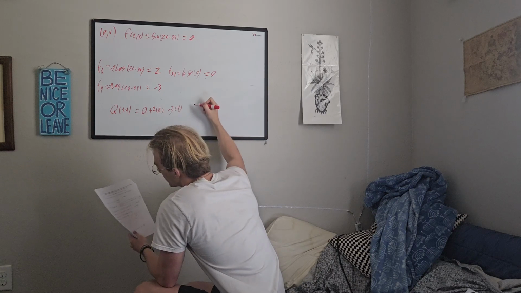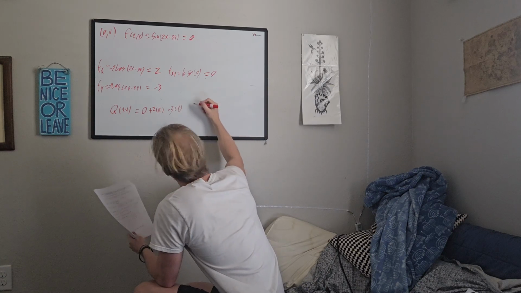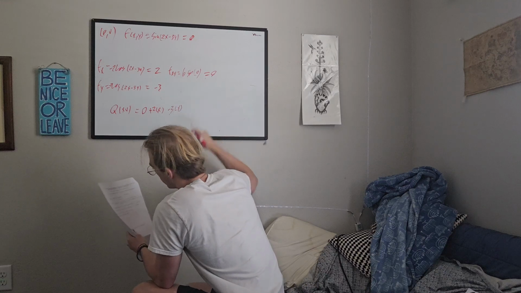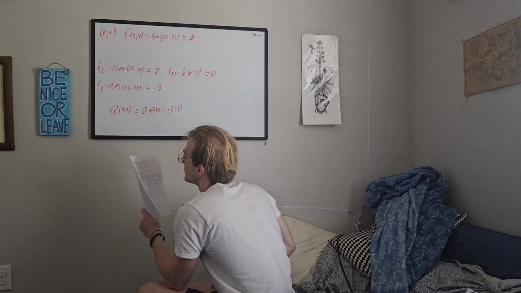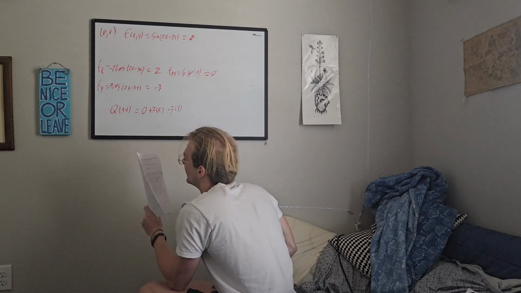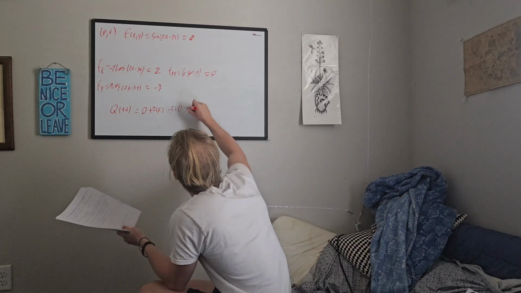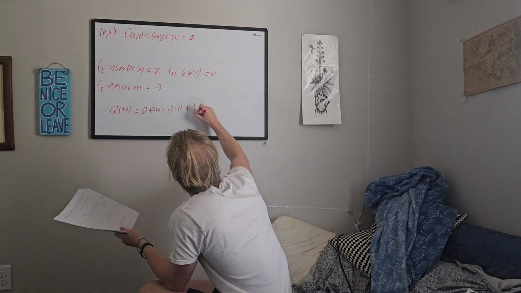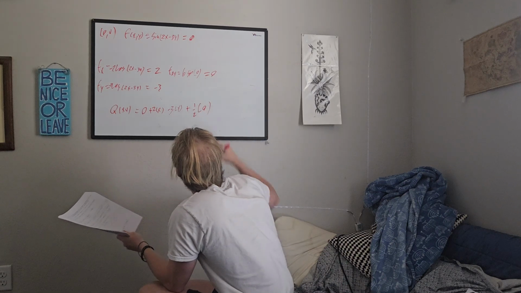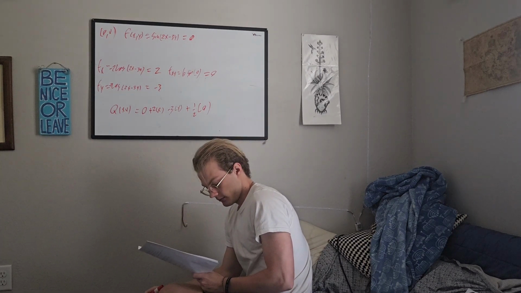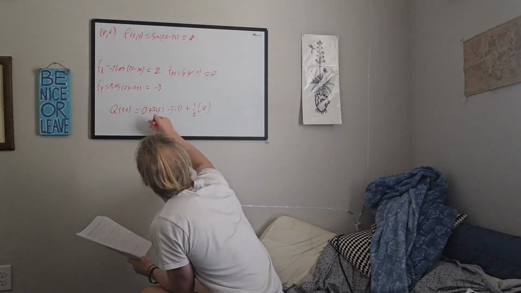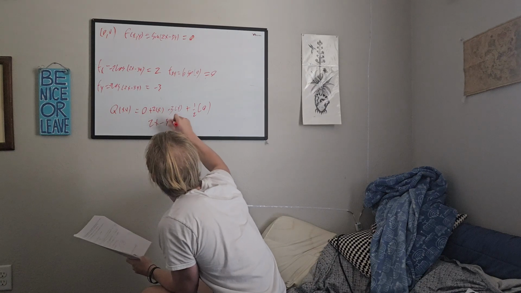I'm putting parentheses, but honestly, if I were you, I wouldn't. And then you get 1/2 x squared times 0, so that's 0, plus 2xy times 0, plus y squared times 0. And that's the quadratic. So pretty much what you get is 2x minus 3y.